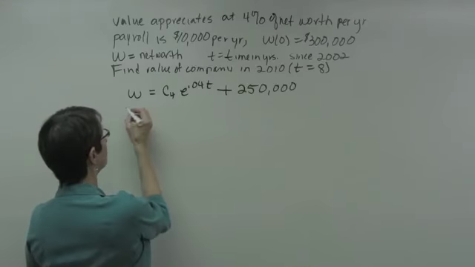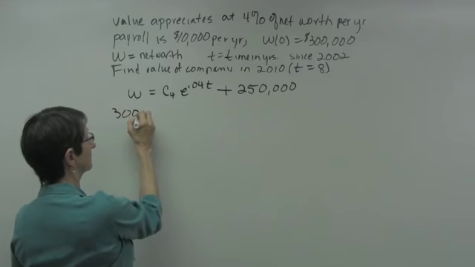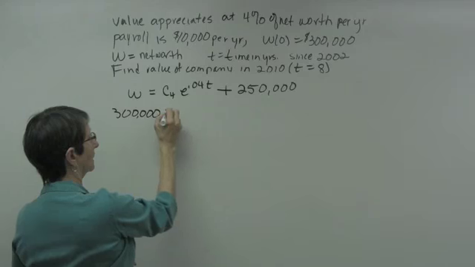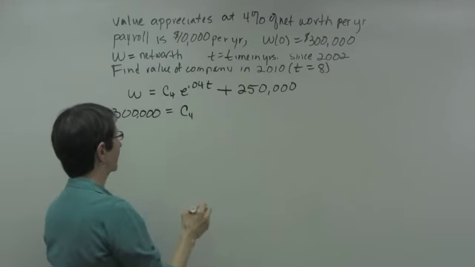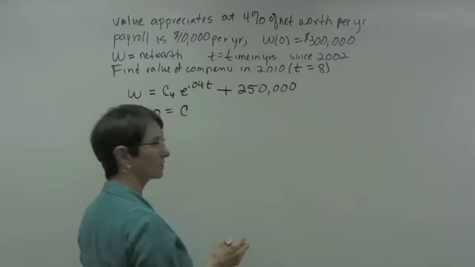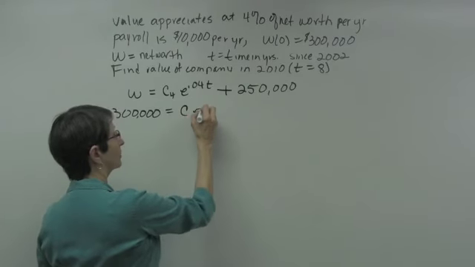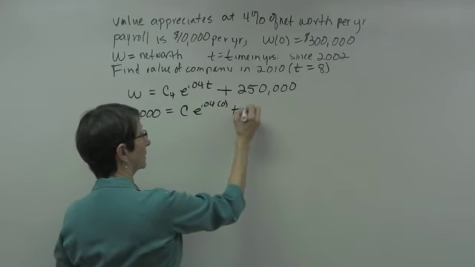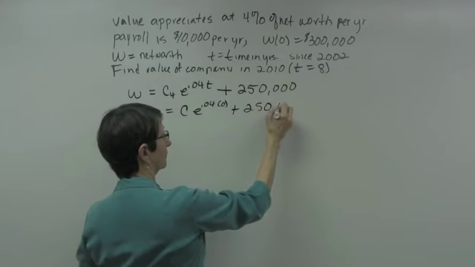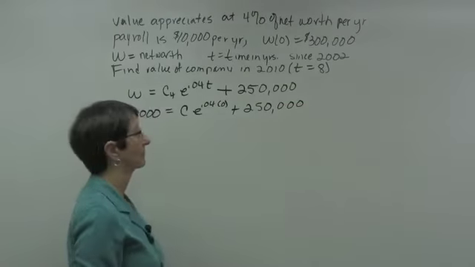So W is 300,000 equals, and I'm just going to call this C, so I don't have to deal with the subscript, e to the 0.04 times 0 plus 250,000.